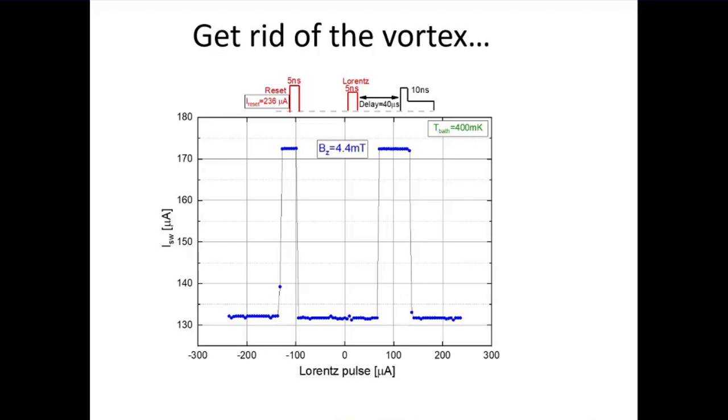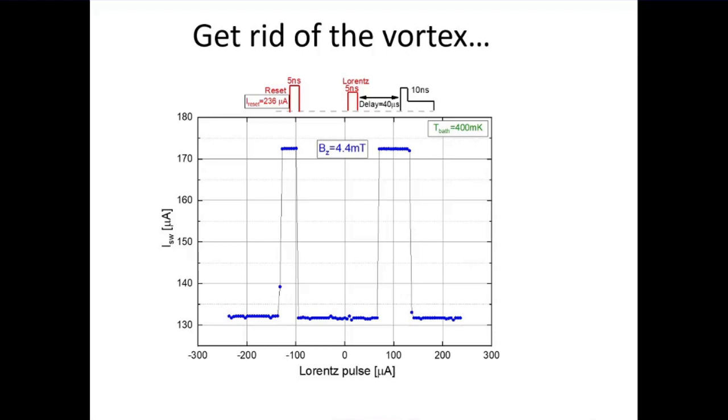If we don't apply this pulse, which corresponds to a Lorentz pulse equal to 0, then we measure a low value of the current. That is exactly what I explained: it means the vortex is there, and we push it out during readout, we heat the system, and the critical current is low.